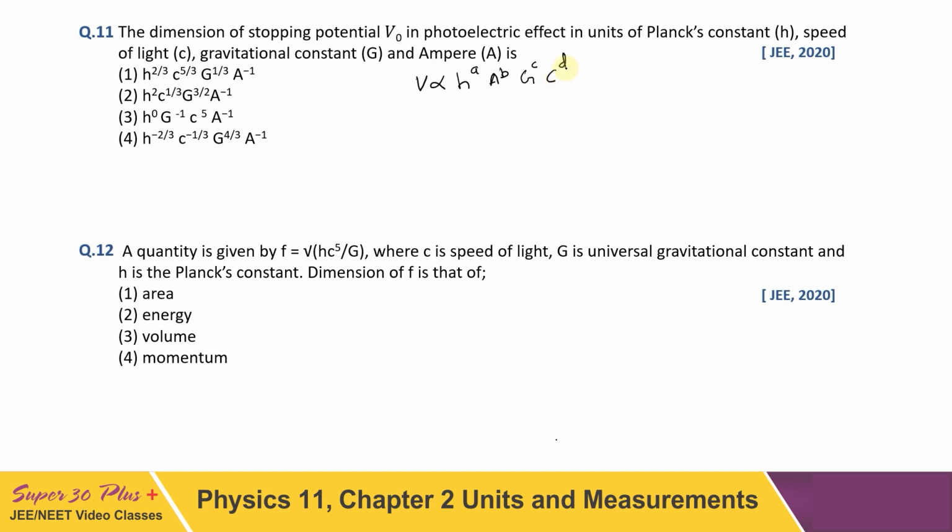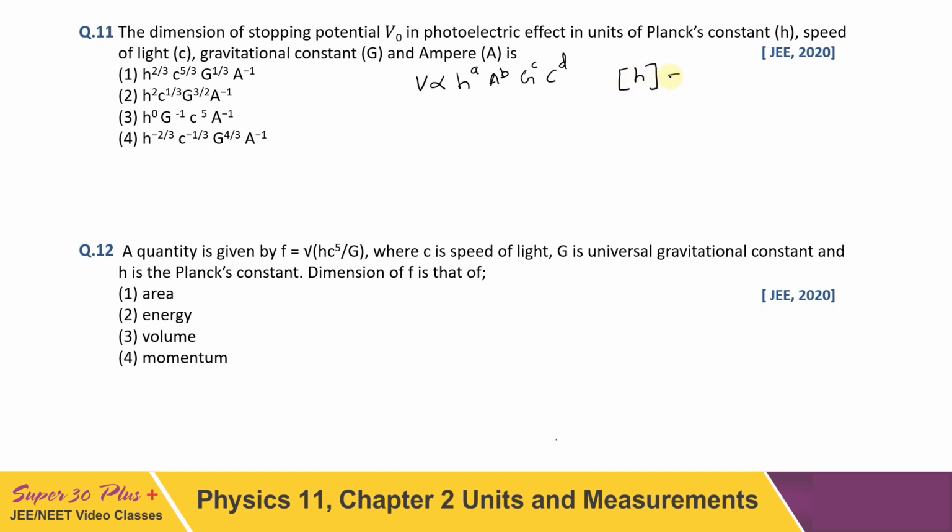Now to solve, we must know the dimensional formula of Planck's constant and gravitational constant. Speed of light is very easy to write, that is L T minus 1, and A is ampere itself. So let us write here.